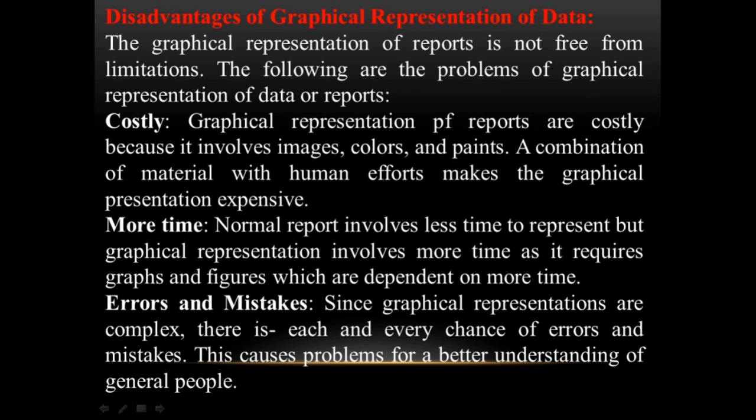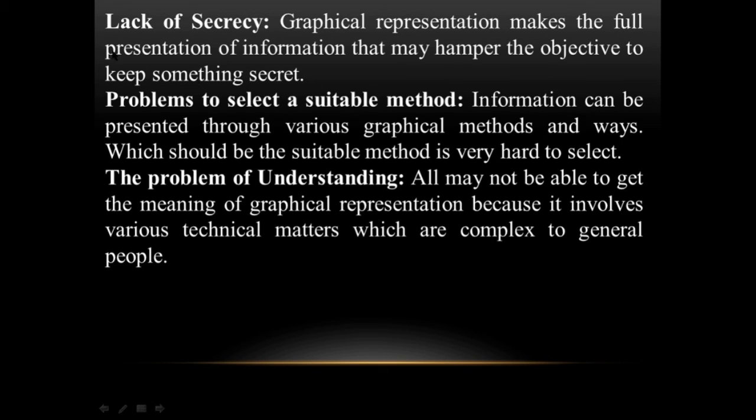Number three, errors and mistakes. Since graphical representations are complex, there is every chance of errors and mistakes. This causes problems for better understanding by general people. Lack of secrecy. Graphical representation makes for full presentation of information that may hamper the objective to keep something secret.